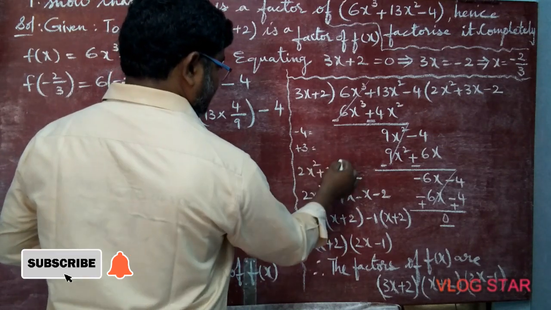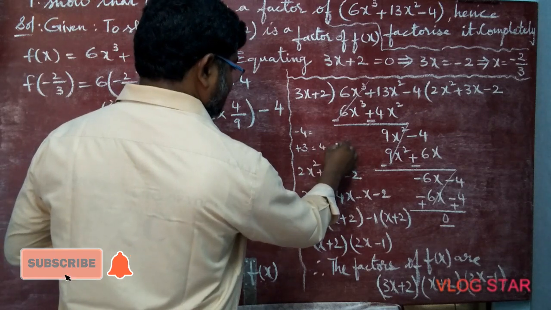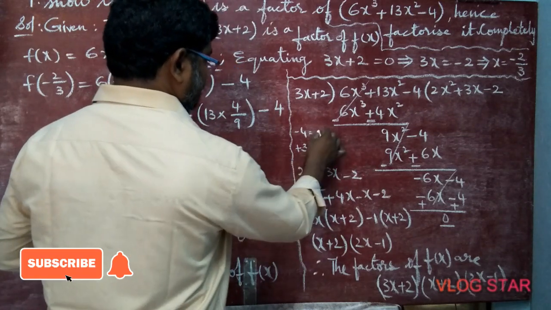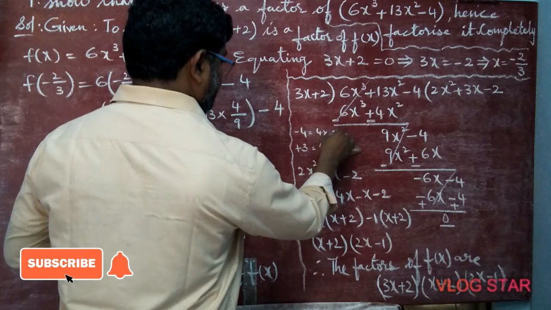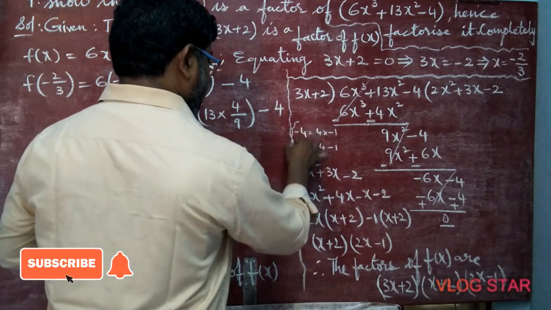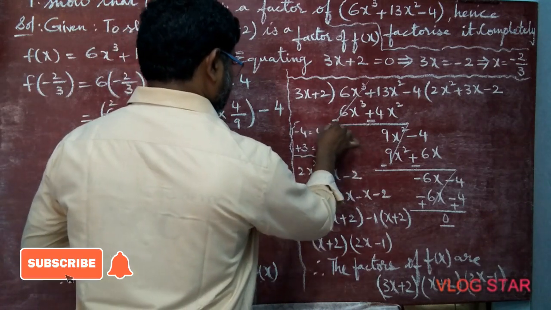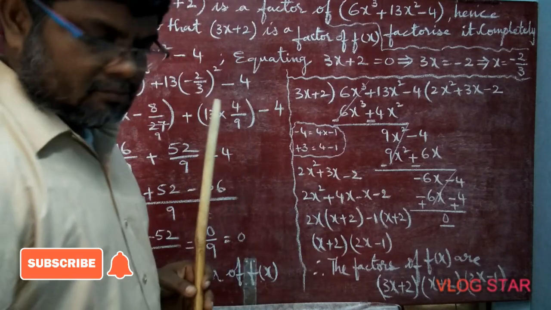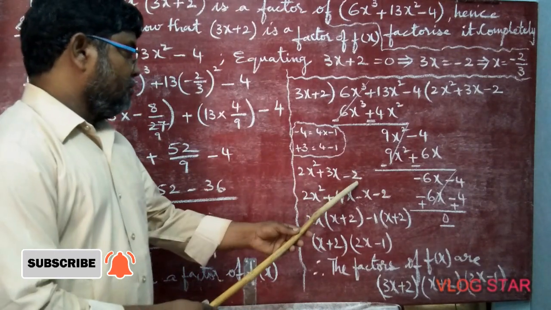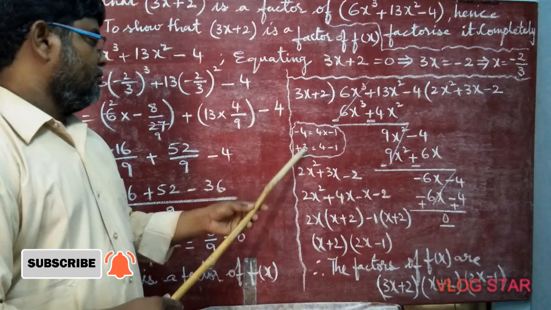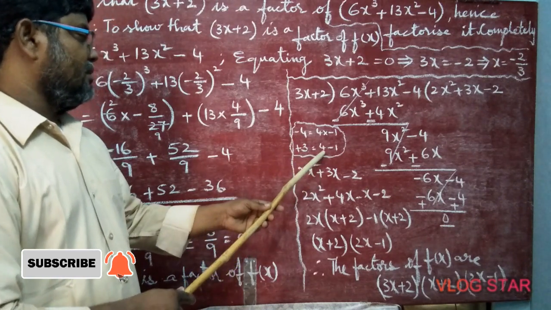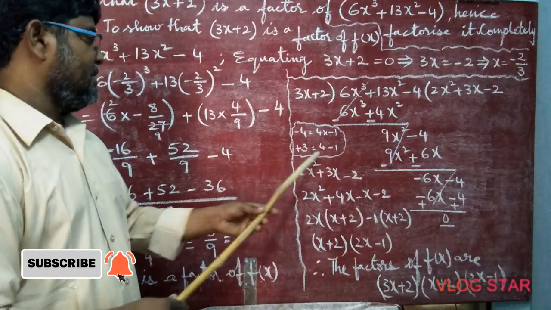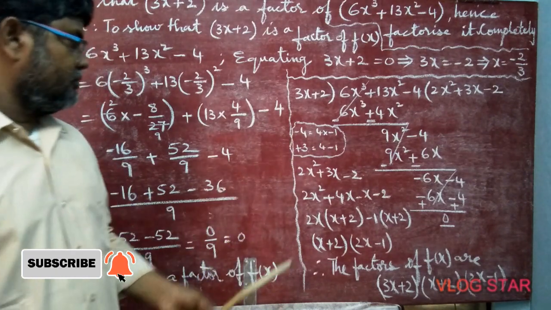So here 4 minus 1 is plus 3, and 4 into minus 1 is minus 4. This is part and parcel of the problem. Here you have to be careful. 2 into minus 2 is minus 4, and when we simplify, plus 3 should come. 4 minus 1 is plus 3. 4 into minus 1 is minus 4.